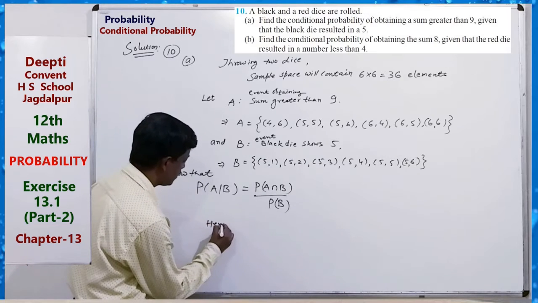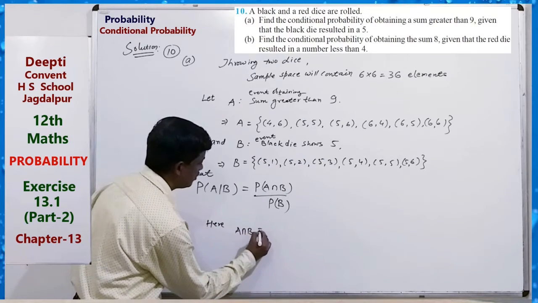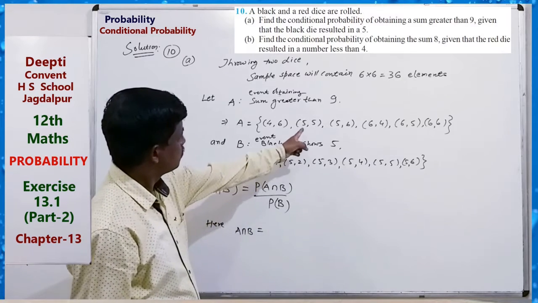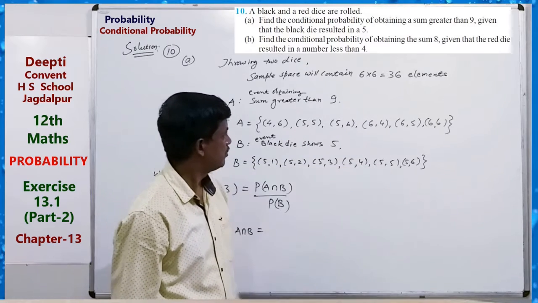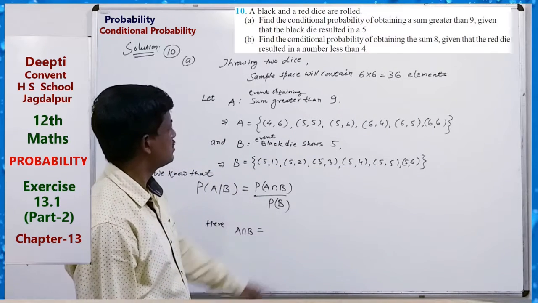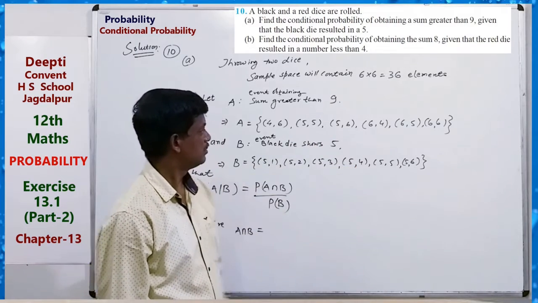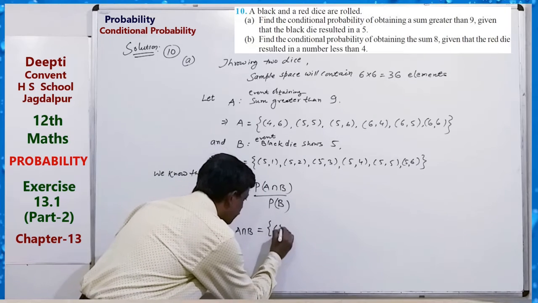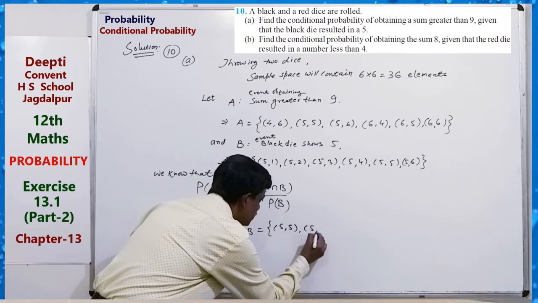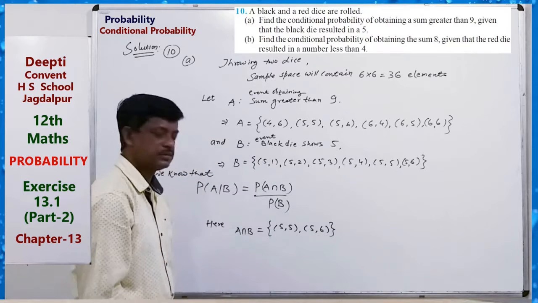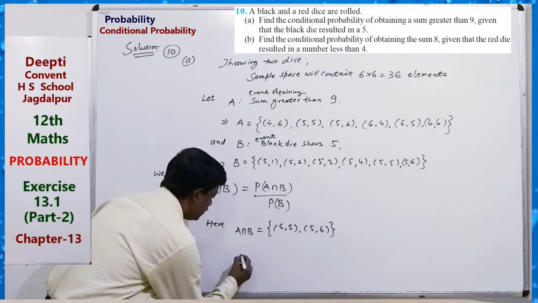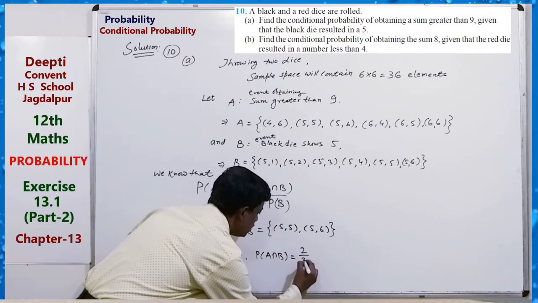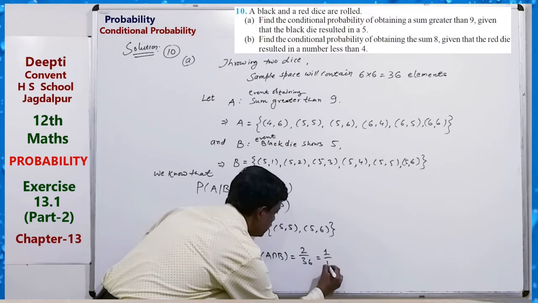Here we require A intersection B. A intersection B is 5 5 and 5 6 only. Therefore P(A intersection B) is 2 by 36, equals 1 by 18.